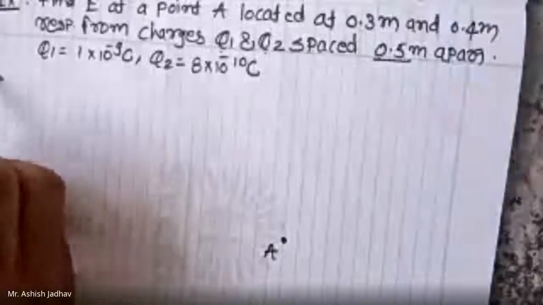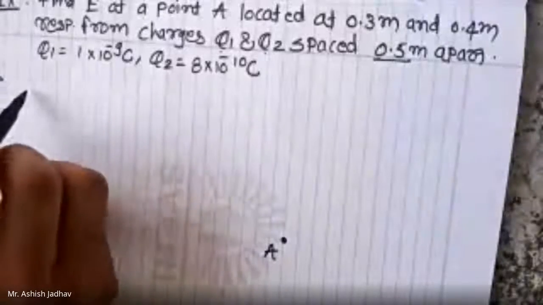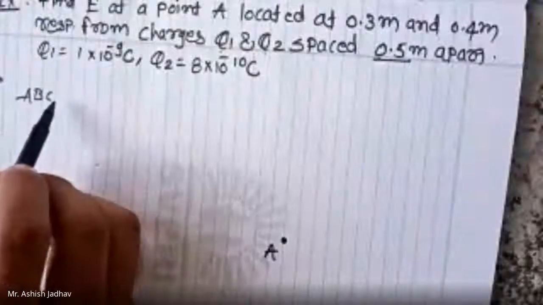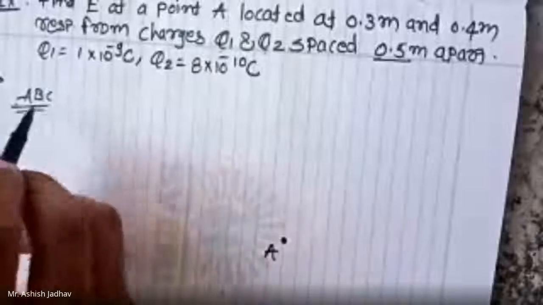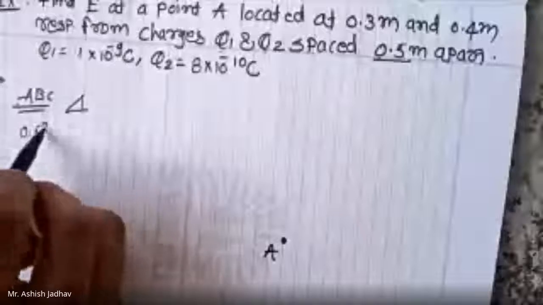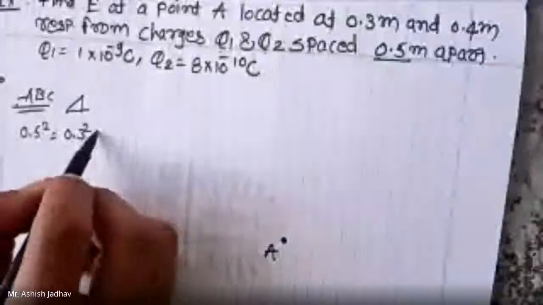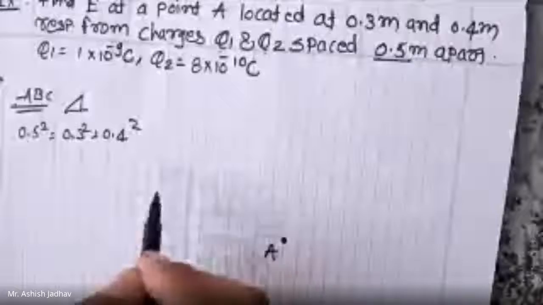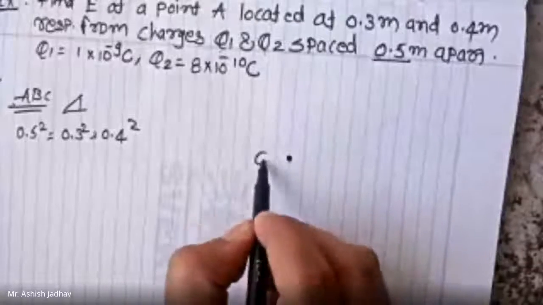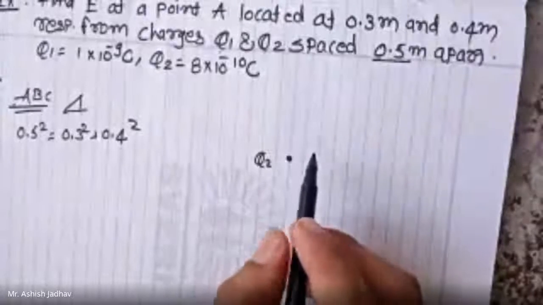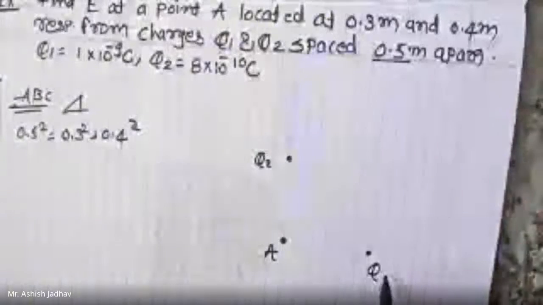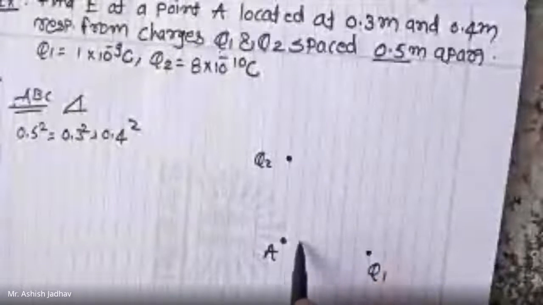So you can consider this as a right angle triangle. So in triangle ABC, assume Q1 is at B and Q2 is at C. So we have 0.5 square is equal to 0.3 square plus 0.4 square, right? Q2 is at distance 0.4, and this is Q1. So they are making a right angle triangle.